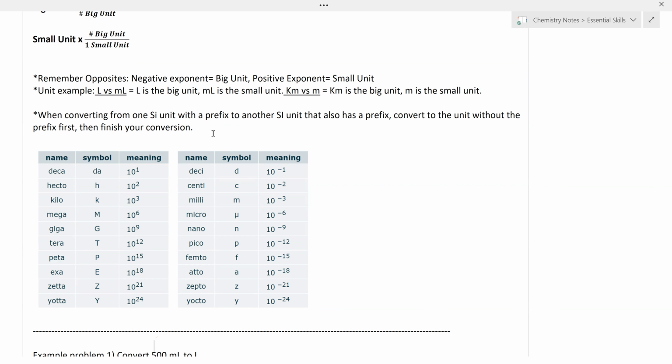So the best way to do it is to go one at a time. You'll start with the kilometer, convert it to meters, and then convert meters to millimeters. That's how you want to do it. That'll make sure nothing weird happens. It keeps everything how it's supposed to be. As I said, some people can do it perfectly fine without doing that, but I just haven't had success with that. So we don't do that.